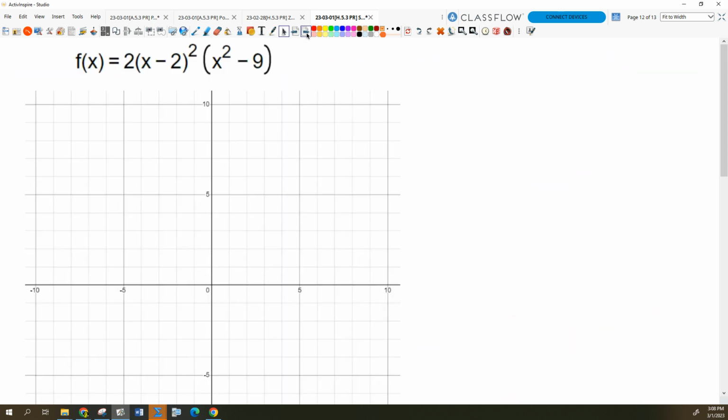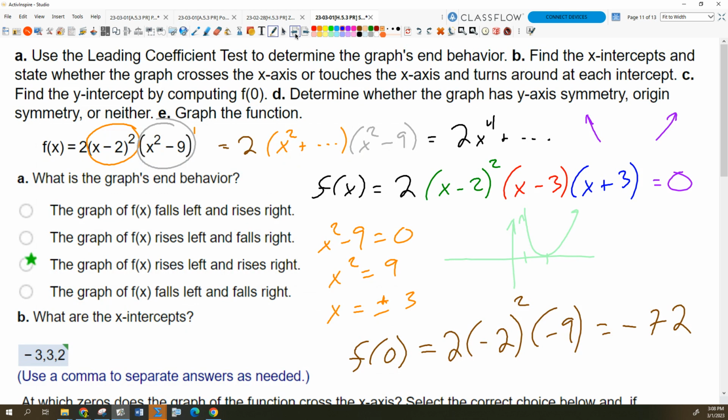So let's graph this guy then. Okay, so we found we had x-intercepts. We wrote this as 2 times x minus 2 squared, and then we factored it into x minus 3 times x plus 3. And we said our end behavior was positive even, right?